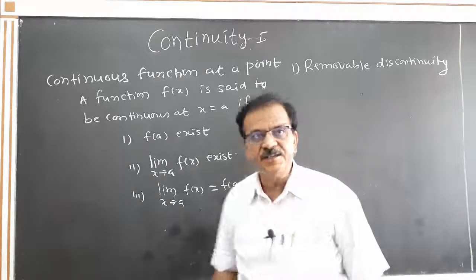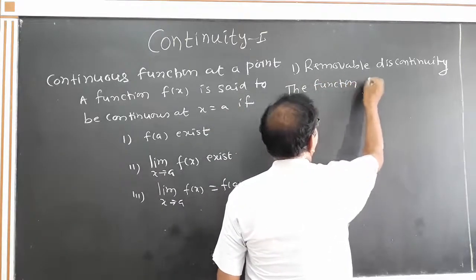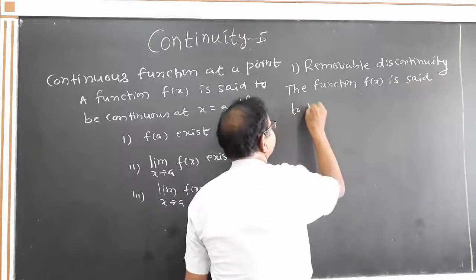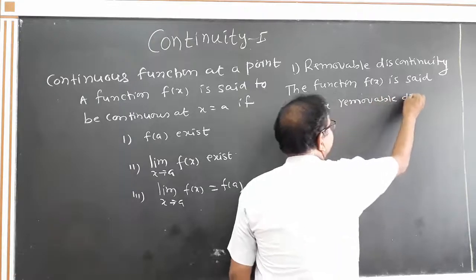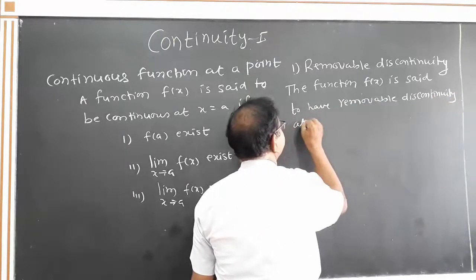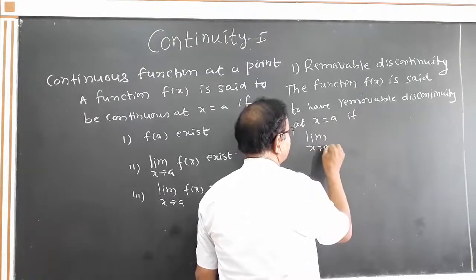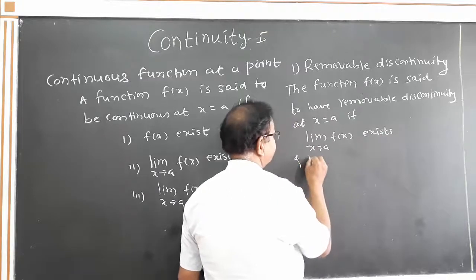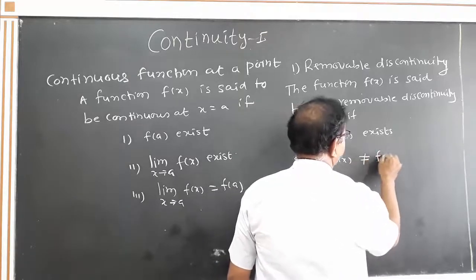Removable discontinuity. The function f(x) is said to have removable discontinuity at x equal to a if limit x tends to a of f(x) exists and limit x tends to a of f(x) is not equal to f of a.